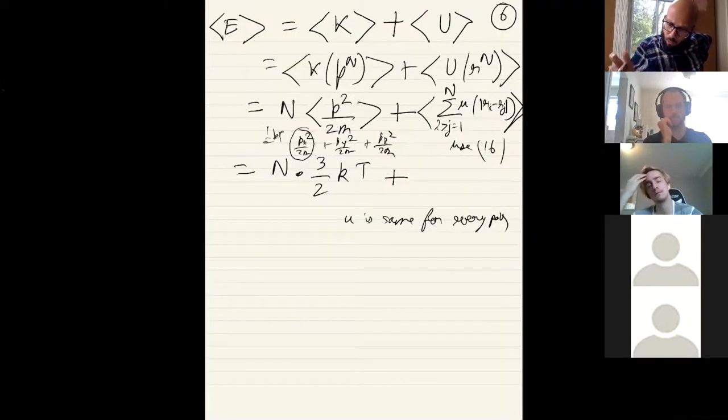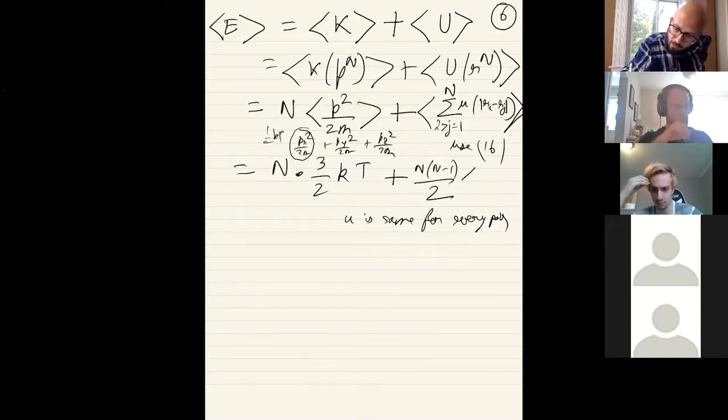So if that is true, then just like we had a capital N over here, we can do something similar over here. That number will be n choose 2, or n multiplied by n minus 1 divided by 2. Those are the number of pairs we can form. Each of them will have its own average interaction, small u of R12.